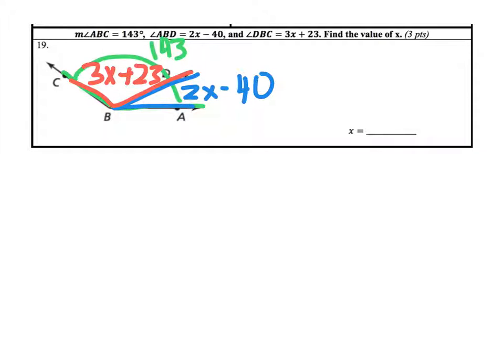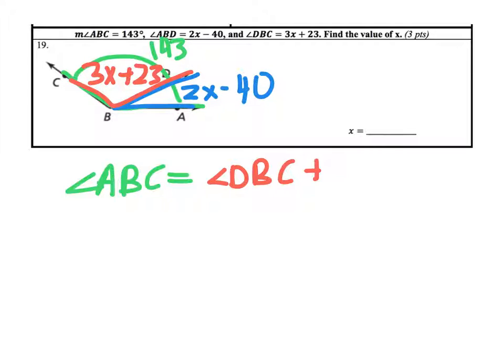So this is just like we did before. I know that my entire angle, angle ABC, is the same as my red angle, angle DBC, plus the blue one, angle ABD. We're going to plug in whatever information we know. So we know ABC is 143.